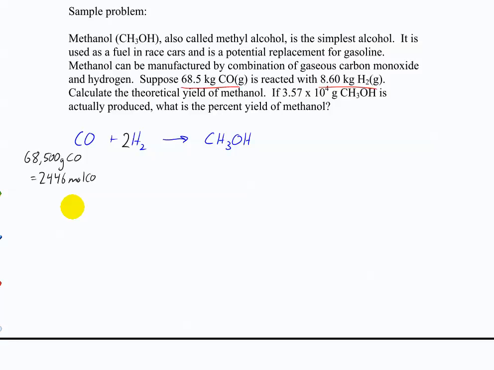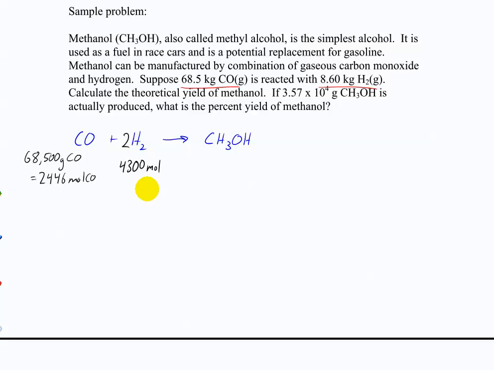And then we've got the same calculation for hydrogen. And I'll just tell you that one. That one's 4,300 moles of hydrogen. So which one is limiting? The CO or the hydrogen? Well, let's look at it.